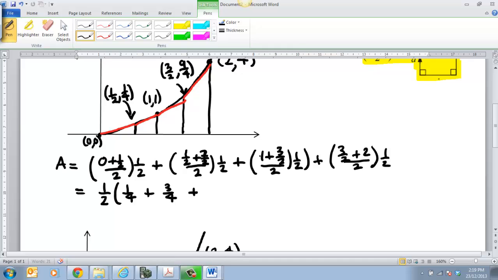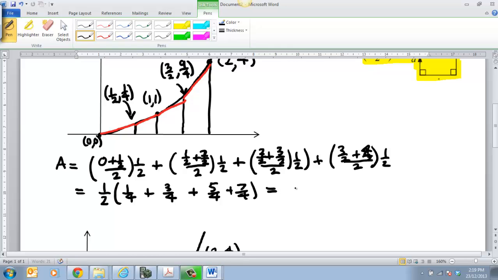Then I'm going to have 1 plus 3 on 2, which I could write as 2 on 2, that's going to be 5 on 2, so that's going to be 5 on 4. And then the last one's going to be 3 on 2 plus 2, which I'll write as 4 on 2, so that's going to be 7 on 4.